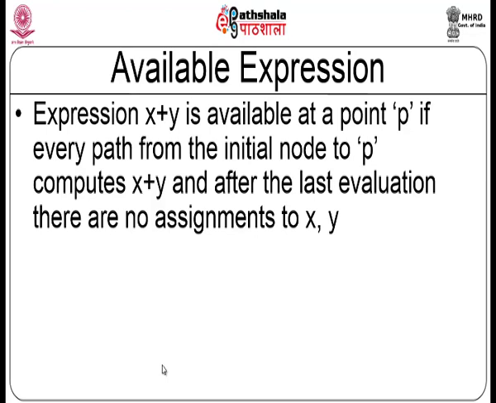An expression x plus y is available at a point P if every path from the initial node to P computes x plus y, and after the last evaluation there are no assignments to x or y. So, if there is an assignment to x or y, then the value will be different, and therefore you cannot use that as a common expression.